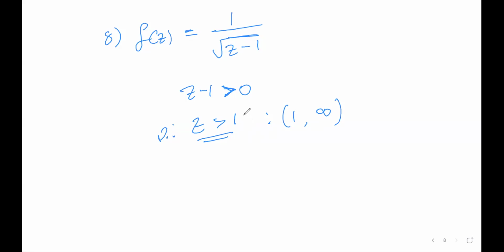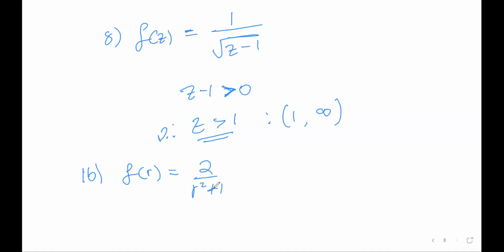Let's take one more example. Look at question 16. 16 says f of r is equal to 2 over (r squared plus 1). We have to look for the domain of this function. Looking at this function, what can go wrong? Look at the denominator.